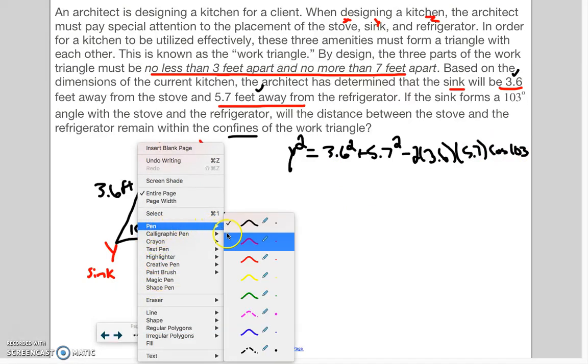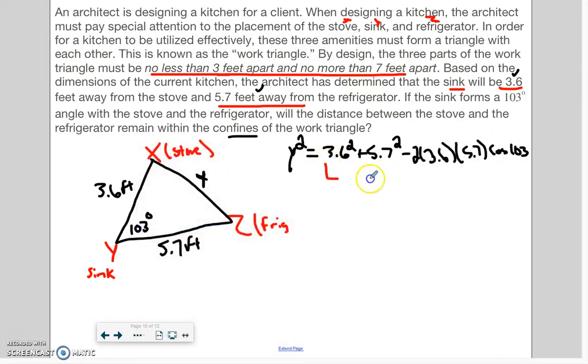To keep track of our information, since we're going to do a lot of these, let's find this value first by taking 3.6 squared plus 5.7 squared, which gives you 45.45, minus 2 times 3.6 times 5.7, and you get 41.04 cosine of 103.